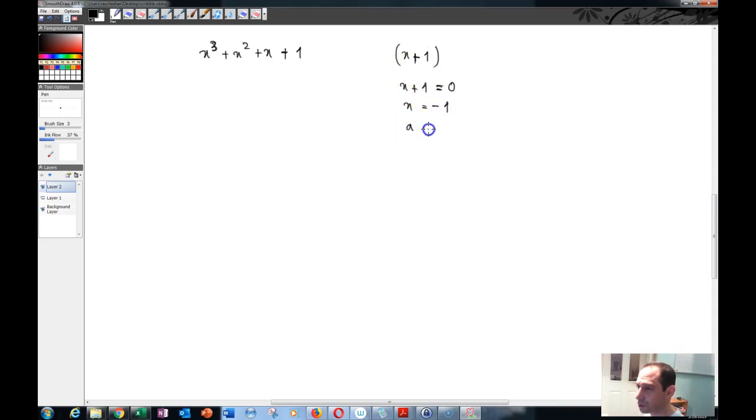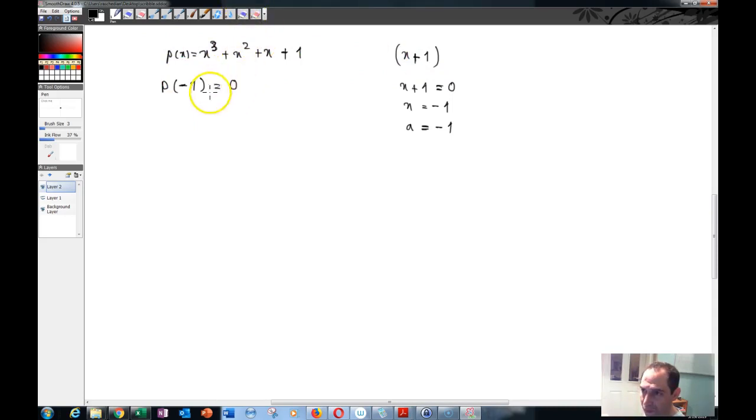So you can take negative 1 as your a, and now if I take this for example as p of x, if p of negative 1 is equal to 0, if that's true, then that means that p of x is a multiple of x plus 1, or x plus 1 is a factor of p of x.